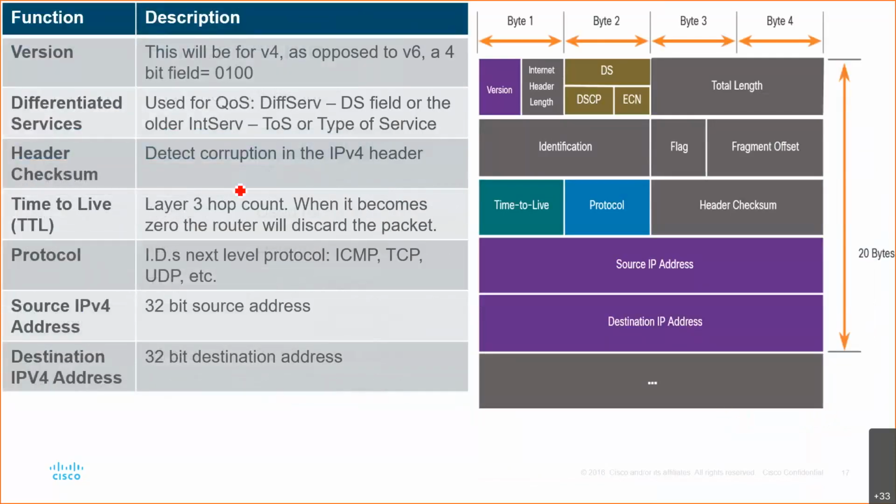If you look, you have a version right here. The version will be version 4 because it's the IP version 4 header. Next you have your differentiated services, which will tell what kind of service it is doing. You'll have a checksum. The checksum will check whether there is any kind of corruption in the header.